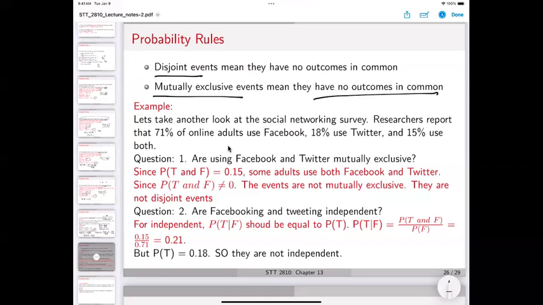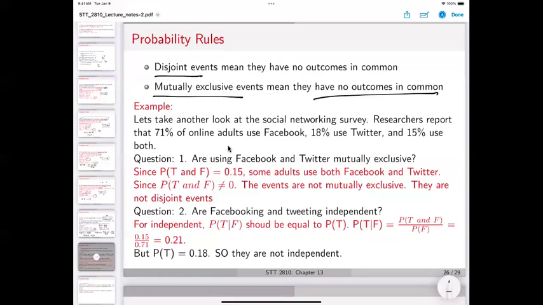So now let's look at another example. Here, researchers report that 71% of online adults use Facebook, 18% use Twitter, and then 15% use both.